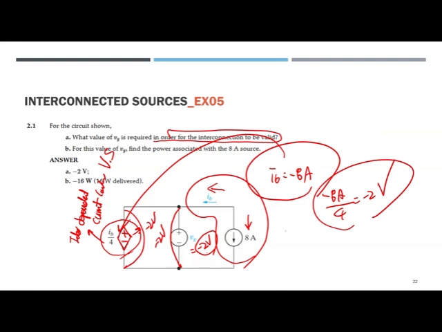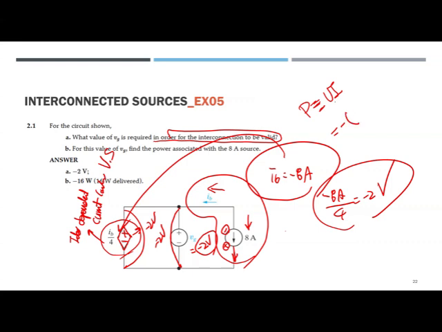How about part b? For this value of V sub G, find the power associated with the current source. Let's say P equals VI. That was for plus and minus, as we learned before, going out is minus. Now what is the V? V sub G minus 2 volts.